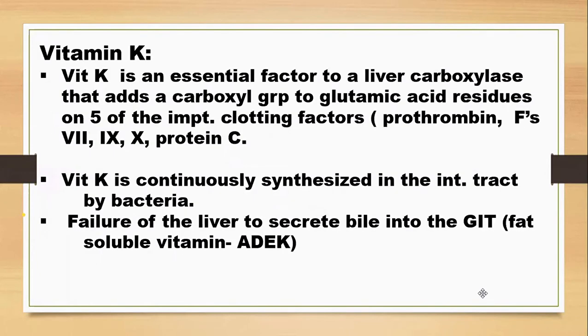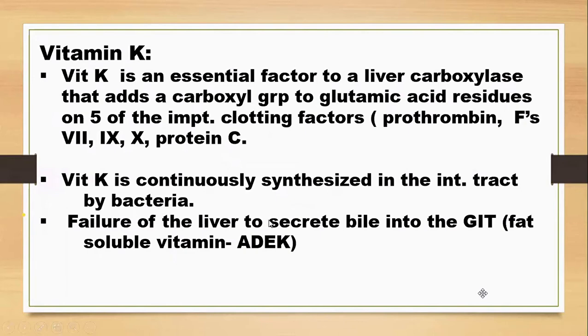So vitamin K is an essential factor to liver carboxylase that adds a carboxyl group to glutamic acid residues on 5 of the important clotting factors: prothrombin, factors 7, 9, 10, and protein C. And it's continuously synthesized in the intestinal tract by bacteria.